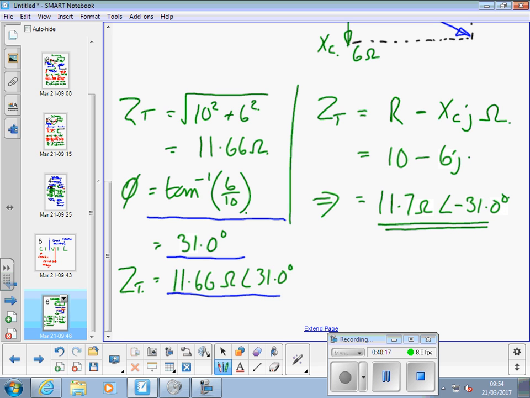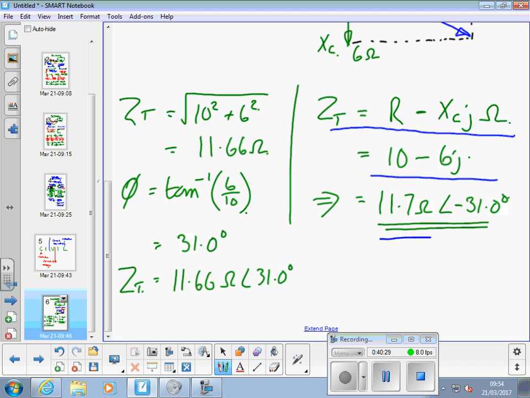Over here, using complex numbers, ZT is R minus XCJ, because XC is a negative value. Convert that complex number in the calculator, and we've got a difference. We've got minus 31 degrees. From using the word civil, we know that this answer's right.